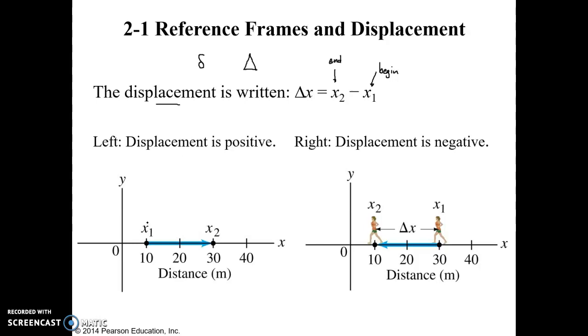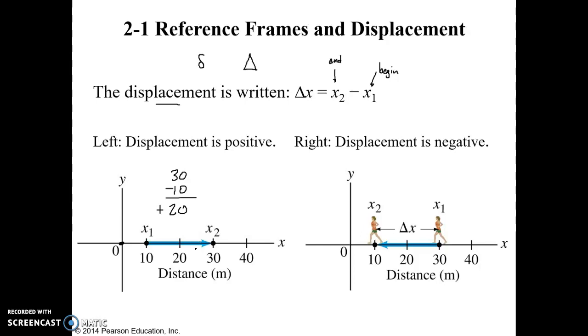In this case, we're going from x1 to x2, from 10 to 30. So the displacement would be 30 minus 10, which is 20. Here we have a positive 20 displacement going from left to right. Again, we set up these diagrams to represent what's going on. The x-axis starts at the origin of 0, and as we go to the right, it is positive.